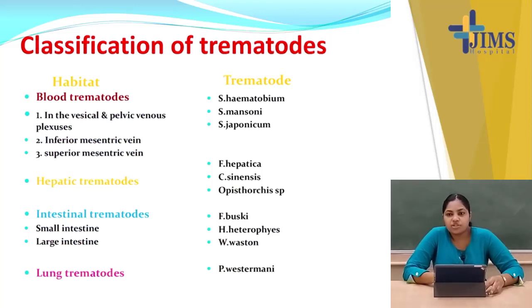Today we are going to study only the liver infections. Intestinal trematodes are mainly caused by Fasciolopsis buski. For lung trematodes, it is only Paragonimus westermani. This is the classification of trematodes.